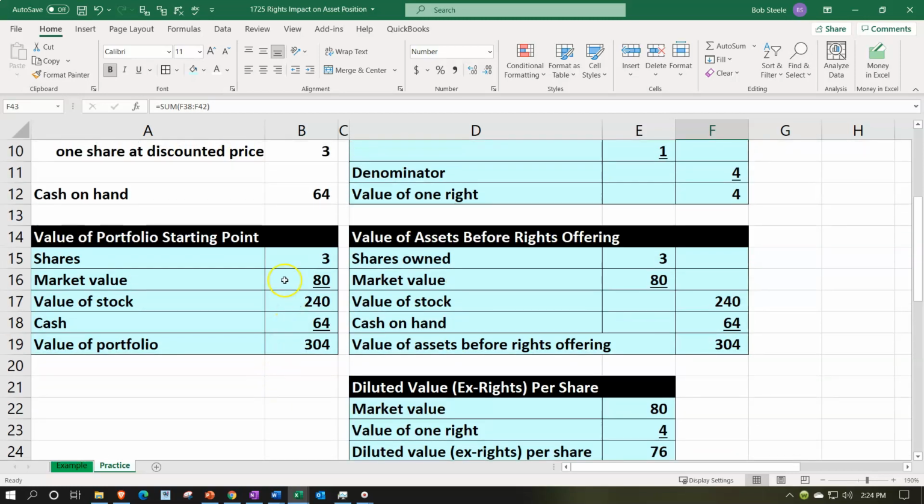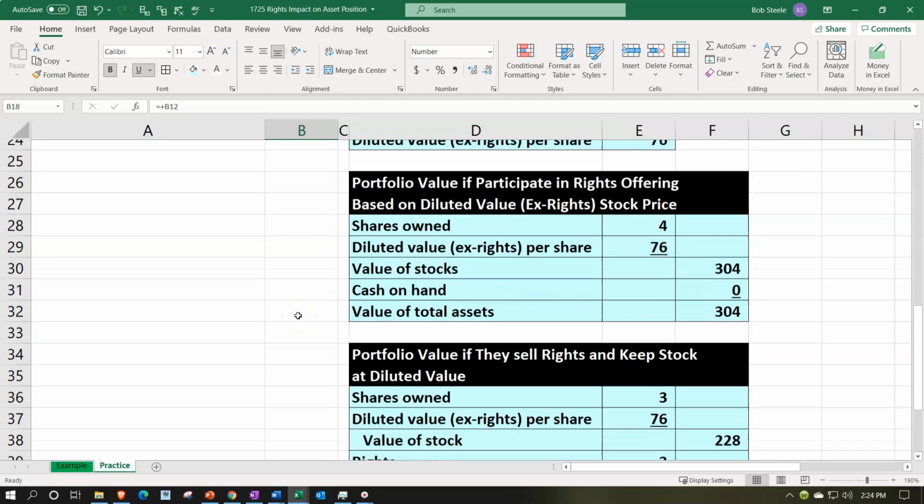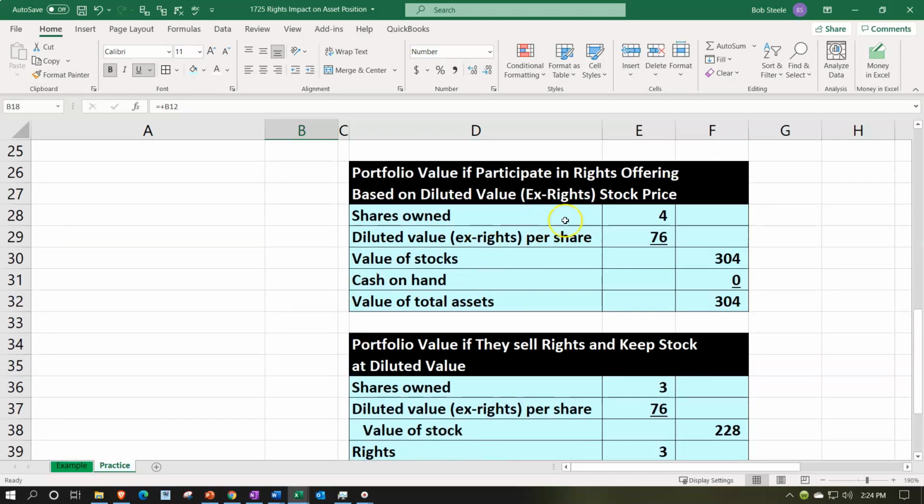Obviously, at the starting point, we had only 3 stocks, and they were valued at the $80, which was the market price at that point, and we had that $64 in cash. And then if we exercise the option, now we have 4 stocks, but they're slightly less in value due to the effects of the options, and we have no cash, still at the 304.